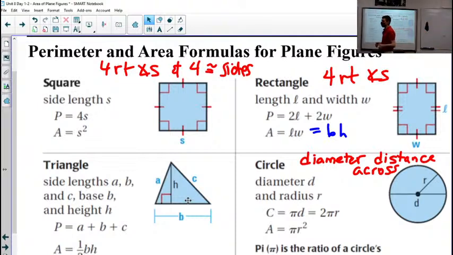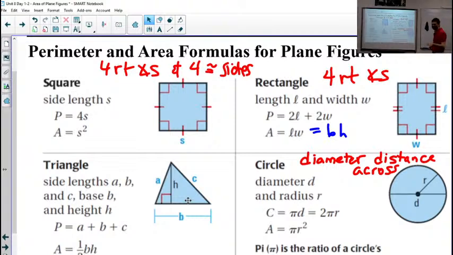We've done a few problems where we've had to use area of a triangle. And then circle, we have circumference, the distance around the circle, and area is pi r squared. Circumference is 2 pi r. So those are the formulas that you need there. They should all be looking familiar to you.